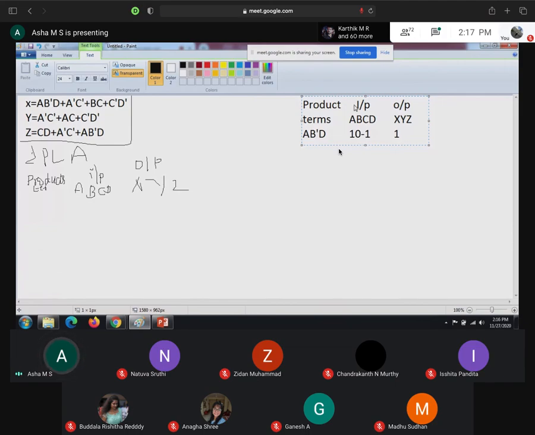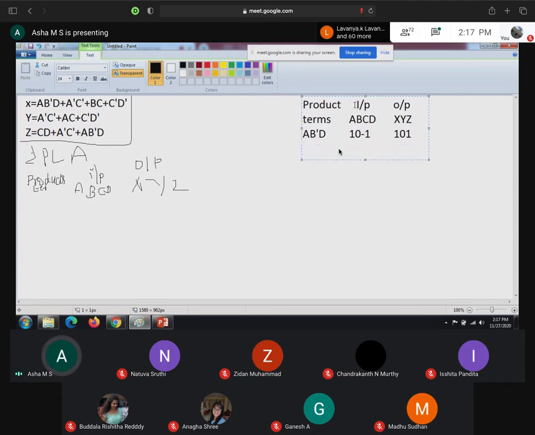Is it present in Y? No, it's not there in Y. Check Z, is it there? Yes, it's present in Z. So the Y value is hyphen because it doesn't exist in the Y equation. The output Z, it is present, so it's 1.